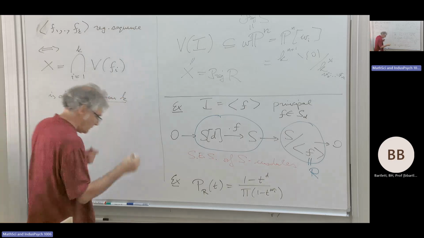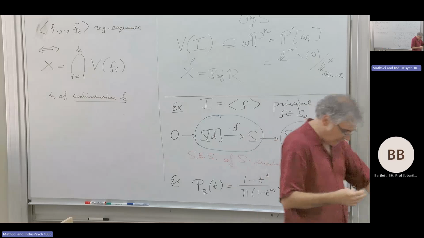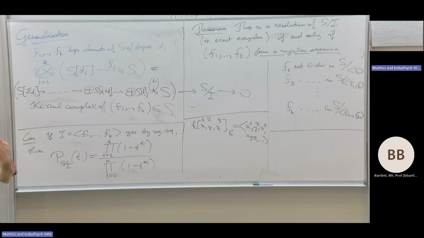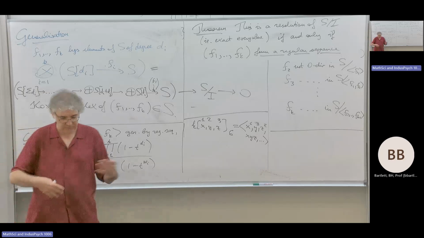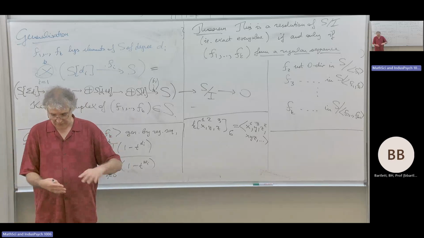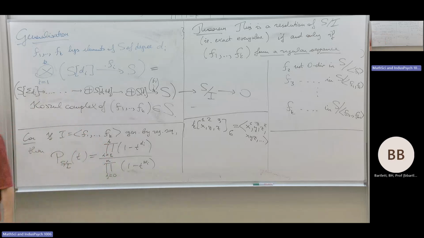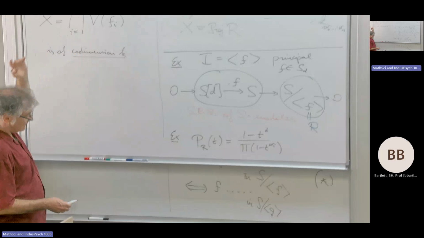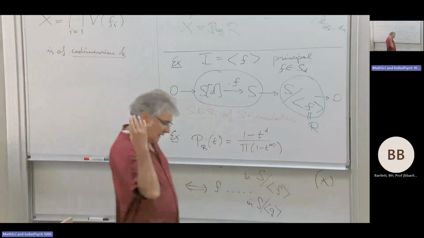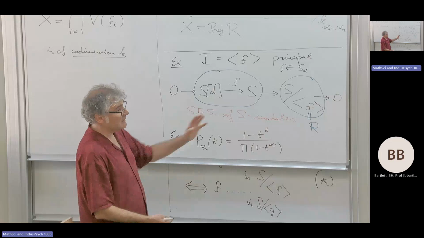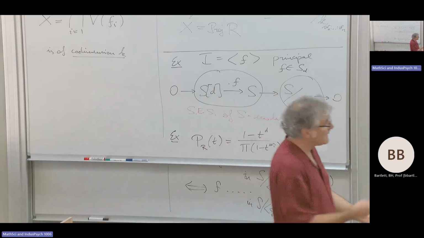In other words, geometrically, we take equations and every equation cuts down a dimension. In the linear case, how many linear equations do we need to define a subspace? As many as its codimension, as long as they're linearly independent. And this is the same thing here. In a regular sequence, every time you take a new equation, you cut down the dimension. That's the meaning of this non-zero divisor business.